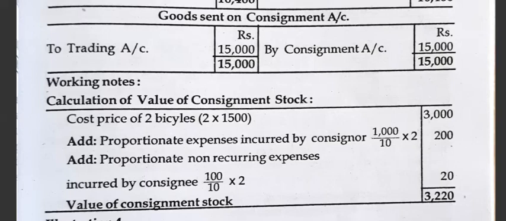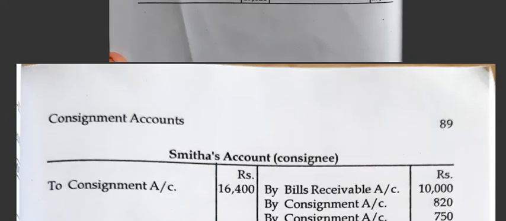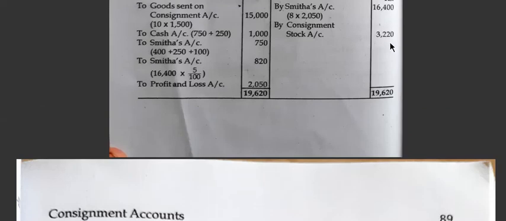So that is the answer for consignment stock, which is 3220. Now this amount you will take to the consignment account and write there consignment stock 3220. So here it comes, see here, 3220 you have written.